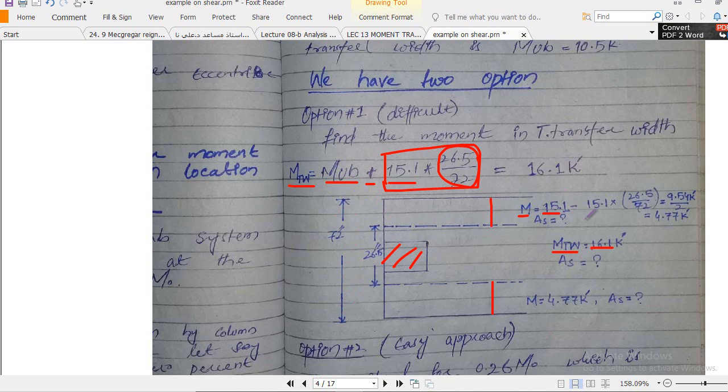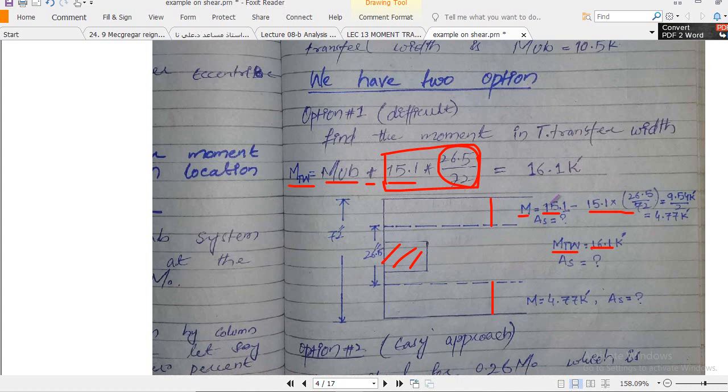You have to subtract this fraction of moment, because you already added this moment with the unbalanced moment, or you can say this is the moment which basically acts in the transfer width. So we have to subtract that moment, right? Because we already designed the steel reinforcement for this moment, so we don't need to consider this one.